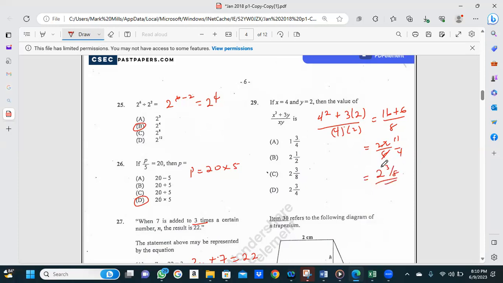So it'll be 11 over 4. Then you break it down again: 4 goes into 11, 2 times, remainder 3, so 2 and 3 over 4. So the answer is D.